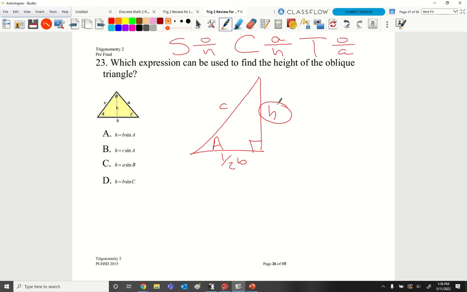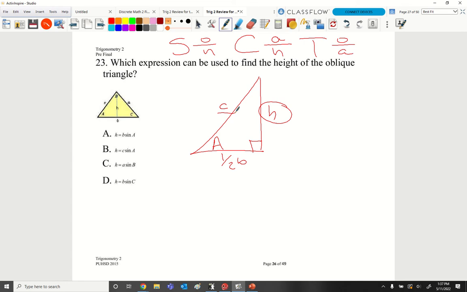And what else is given to me? The C value is given to me. So I'm going to use the opposite and the hypotenuse. So opposite and hypotenuse is what ratio?